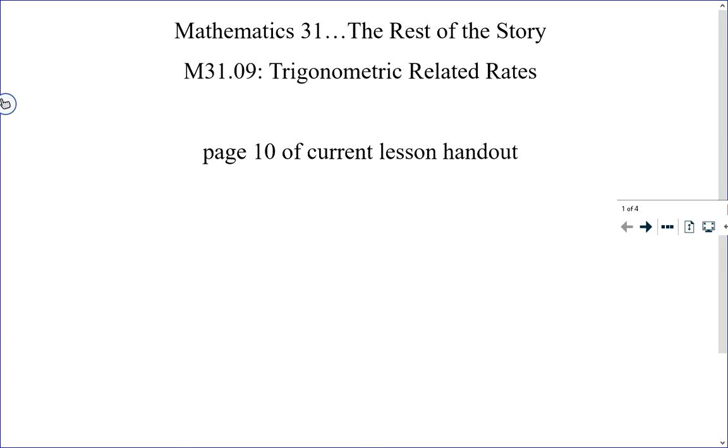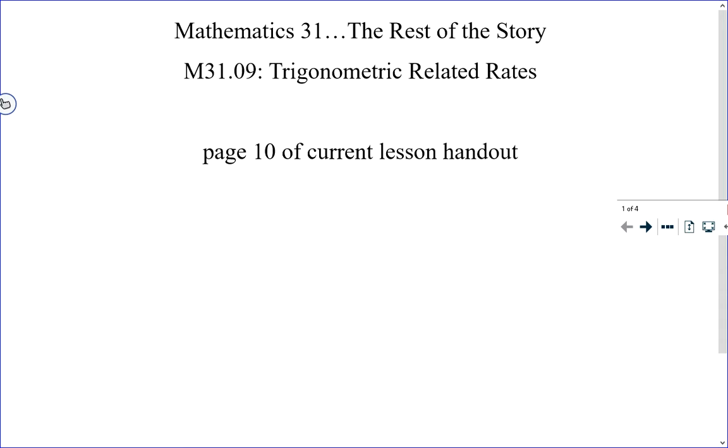I want to remind you that when we do related rates questions, there's generally speaking three tiers to the strategy. The first level is for you to identify rates of change that you know or want to know. The second level is to look at that list of rates of change so that you can identify variables in the problem that are important.